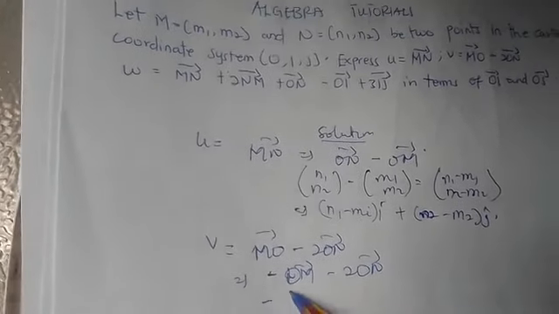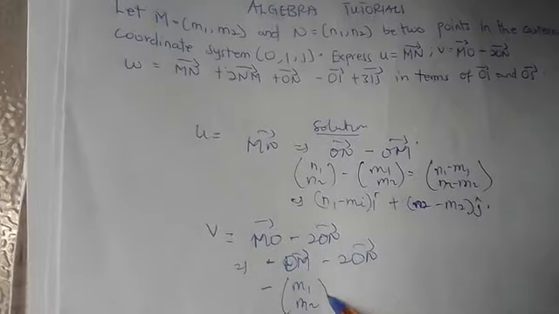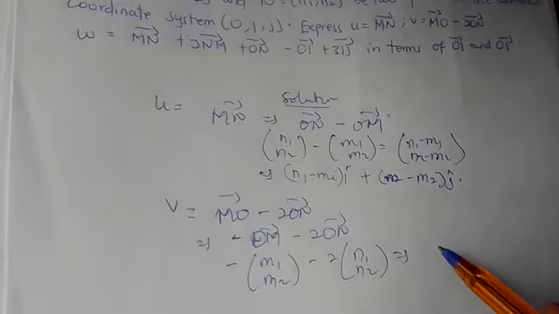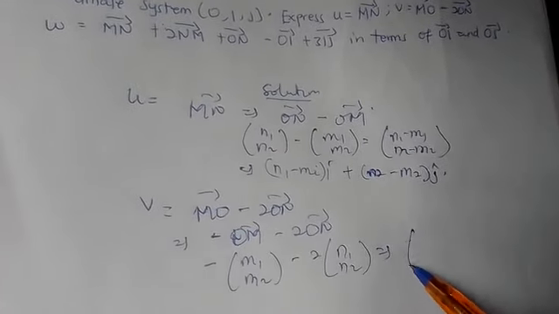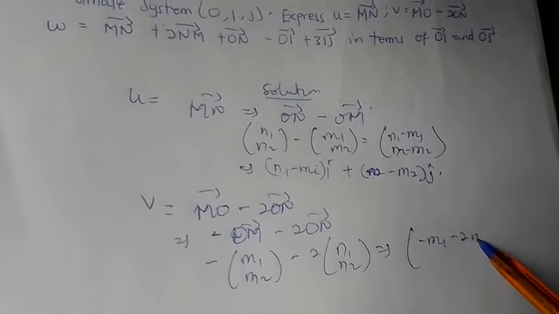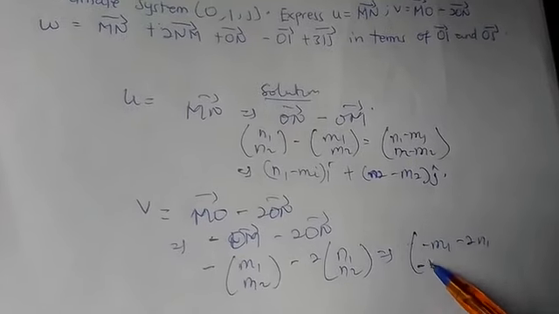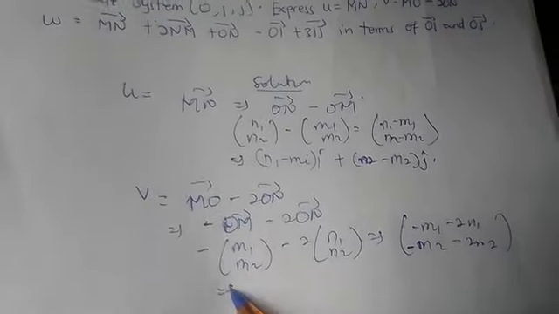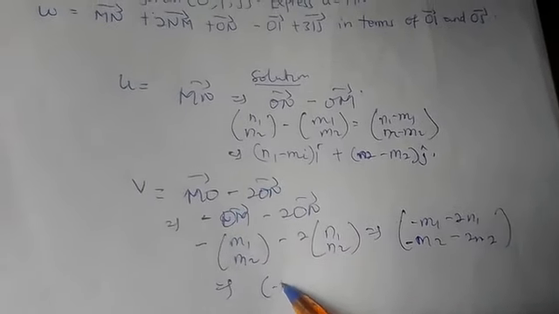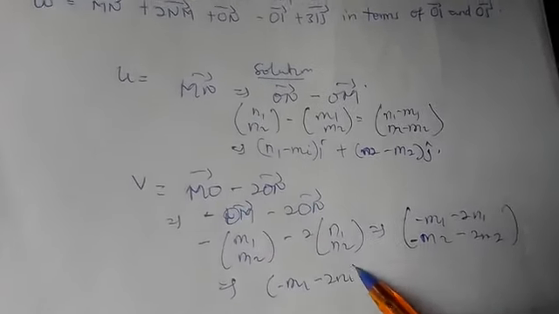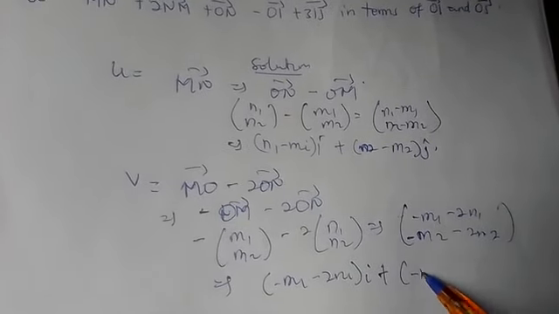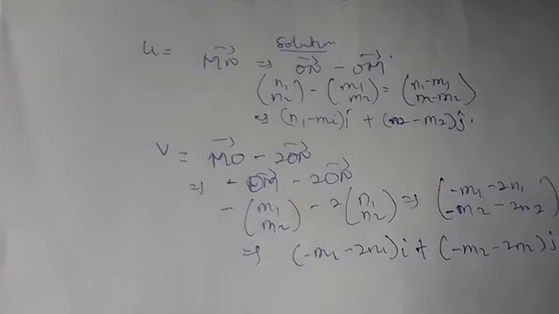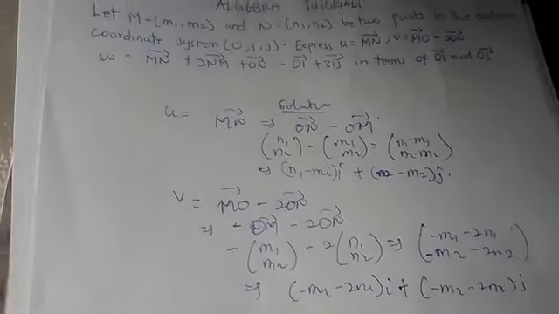So this will be negative the expression (m1, m2) minus 2 times (n1, n2), and this is going to give me, you just take the top first, negative m1 minus 2n1, then negative m2 minus 2n2. So this will be written in i and j as (negative m1 minus 2n1) i plus (negative m2 minus 2n2) j as for v.